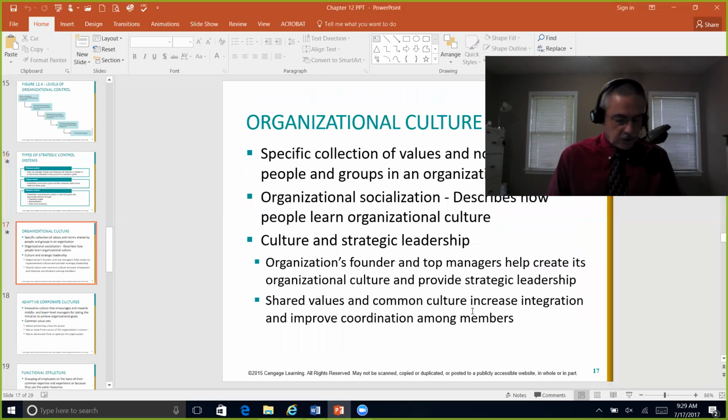Organizational culture starts over on page 410, and it's really about what the organization values, its norms, its guidelines, and its expectations, which prescribe the appropriate kinds of behavior expected or allowed of employees in any particular situation. I know you studied business ethics. Business ethics is certainly a key component of this, but it is just one component of it.